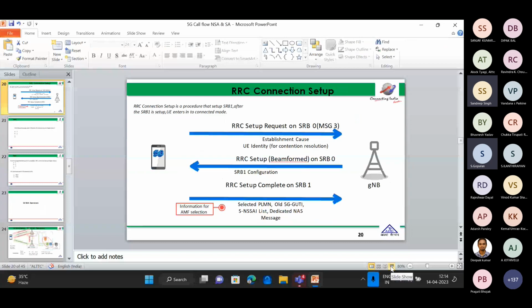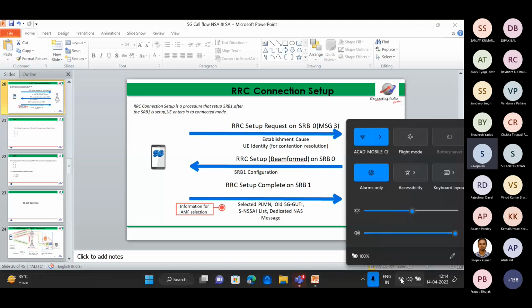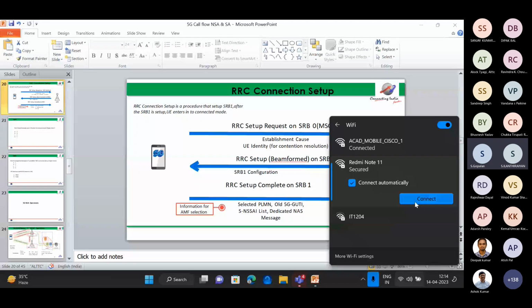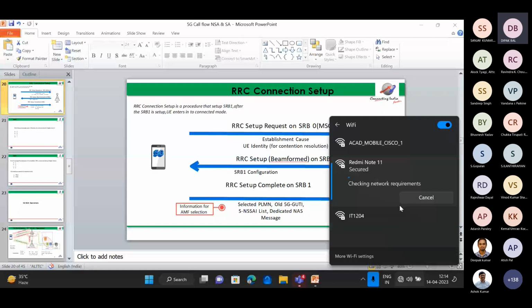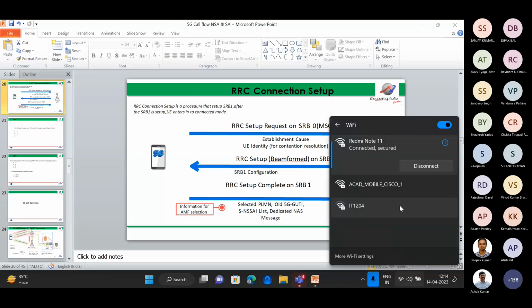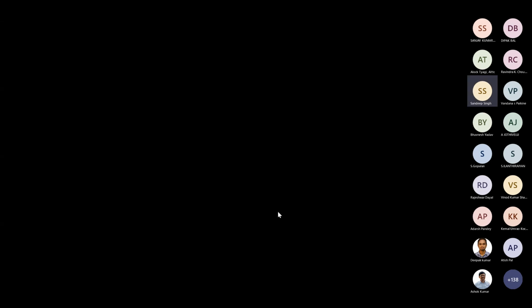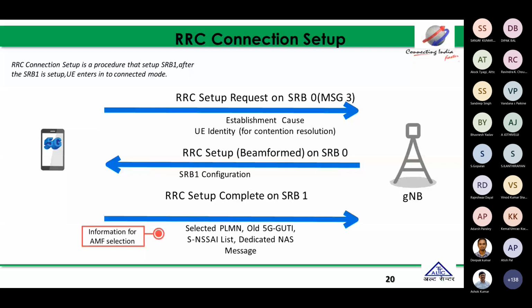I think we should connect with our phone. Yes, sir, some gap is there in the audio. I think it is now audible. Can someone else also confirm? Yes, sir. Audible. Go ahead, Sandeep. Now I am audible? Yes, sir.